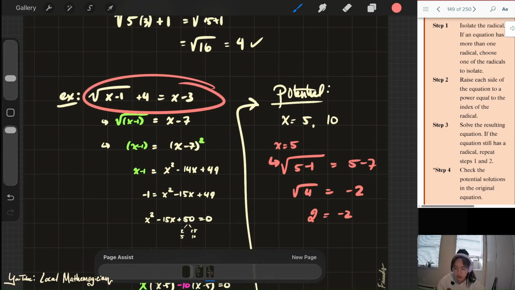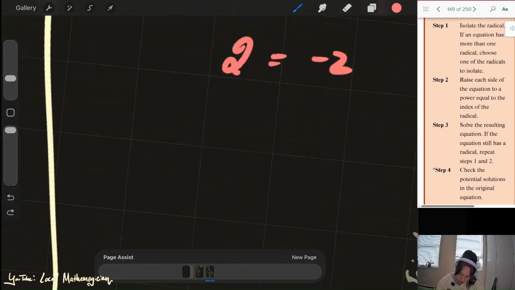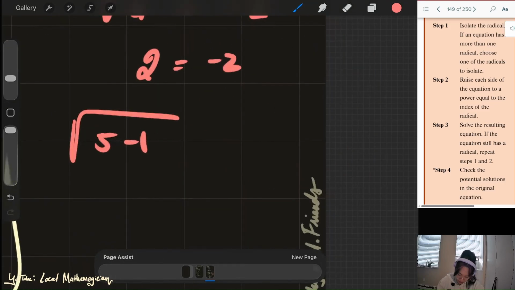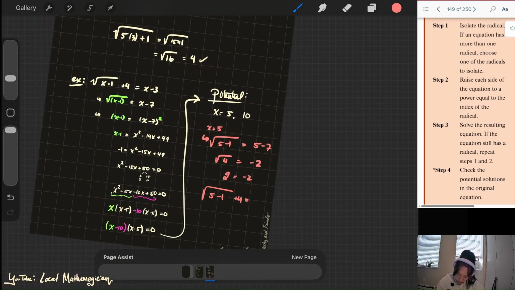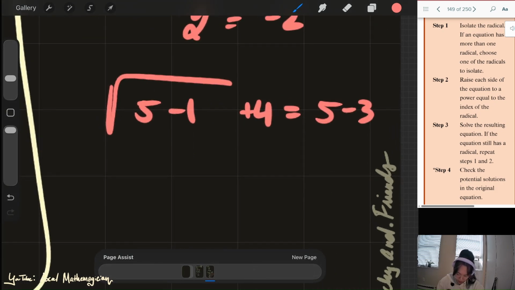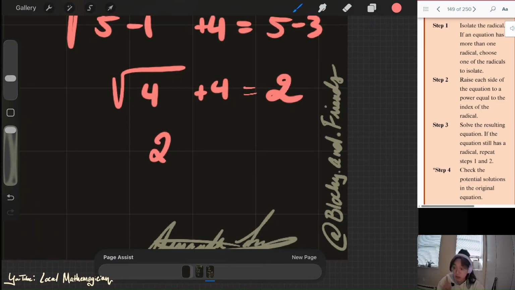Plug it back into the original one. Root 5 minus 1 plus 4 is equal to 5 minus 3. Root 5 minus 1 is root 4, plus 4 is equal to 2. 2, positive principal root, plus 4 is equal to 2. 6 is equal to 2.